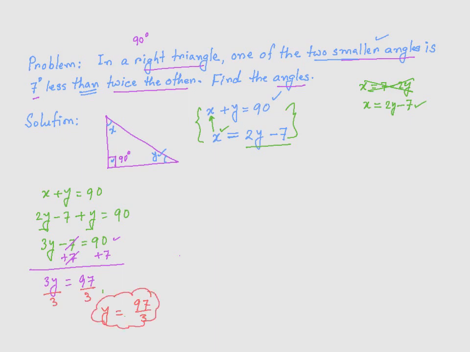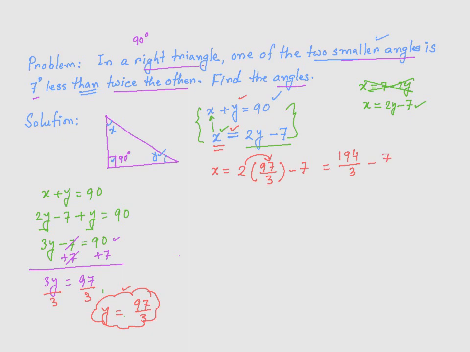Now to find x, I can just take this value and plug it into either equation, but I'm going to apply it to the second equation. So x is equal to 2 times y, that means 2 times 97 over 3 minus 7, which by the way is going to be 194 over 3, because 2 times 97 is 194, then minus 7.